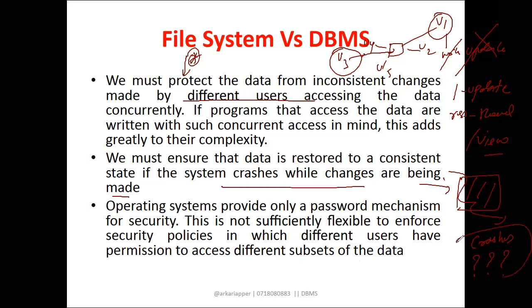While we are making changes or transferring money, if something goes wrong, then our system must answer for this, because the system is answerable for the question: where is the money?